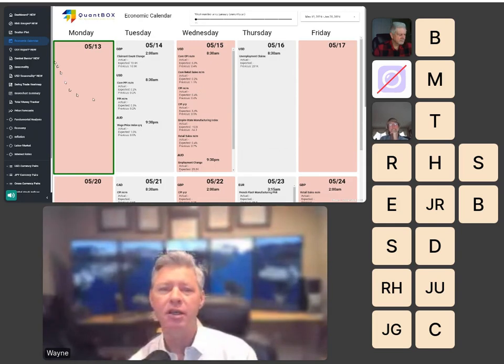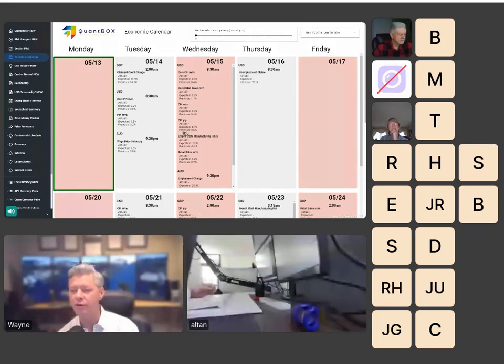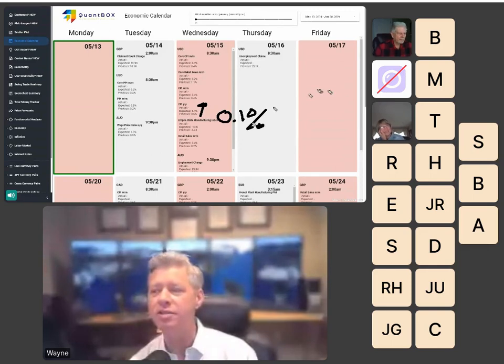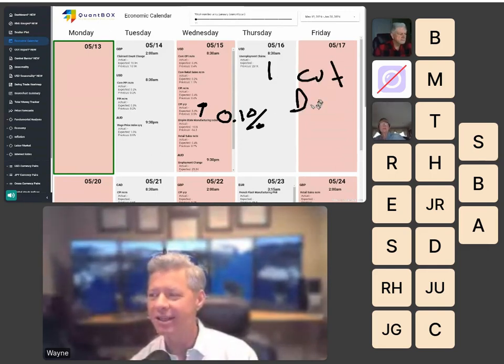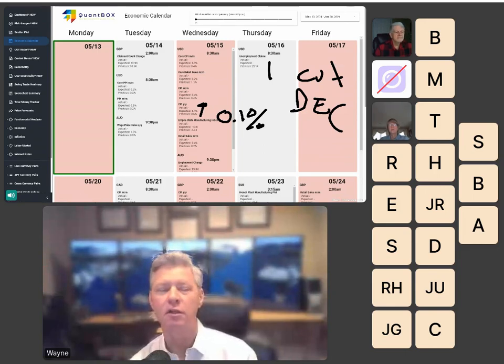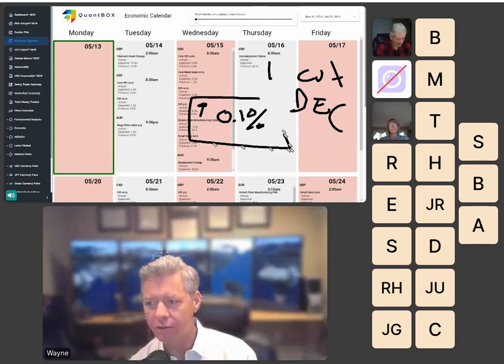So anyways, if this goes up 0.1%, what it means is there's only one cut in December. It has a bigger magnitude of we're debating whether they're going to cut at all. 1, maybe 0 from this little 0.1.